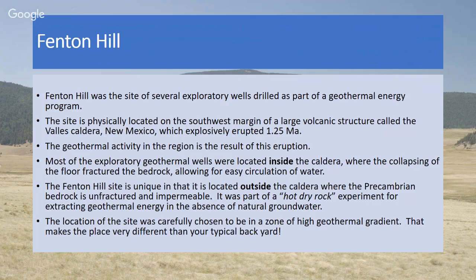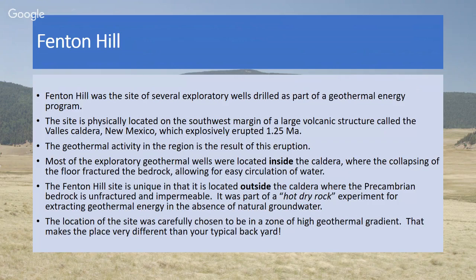Most of the exploratory geothermal wells were located inside the caldera. And that's because when the floor of the caldera collapsed, the bedrock fractured, and it facilitated the circulation of water, which is a key part to a hydrothermal system. But like most places in the Southwest, water is pretty limited.